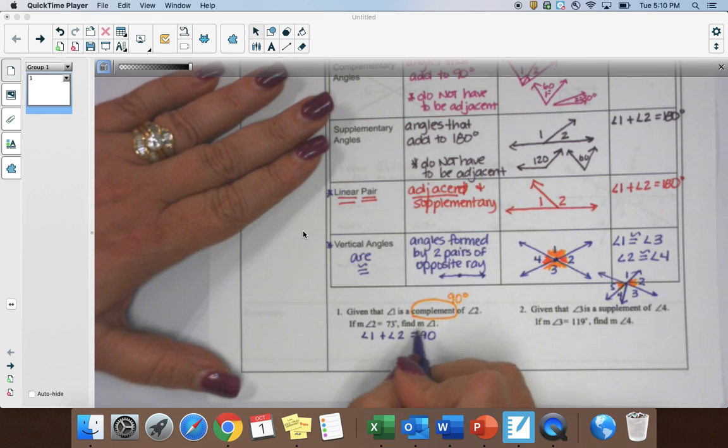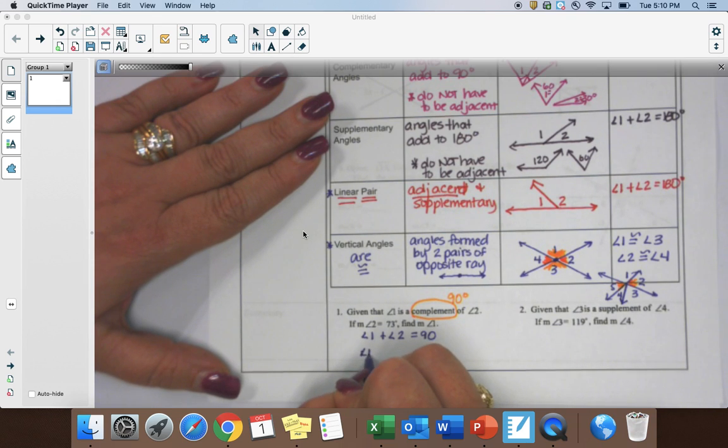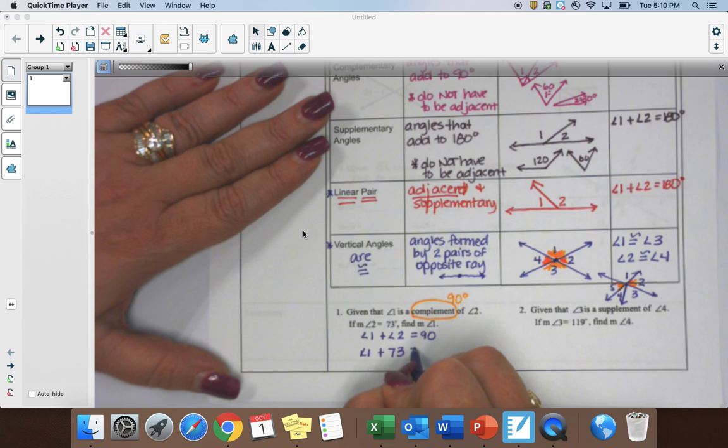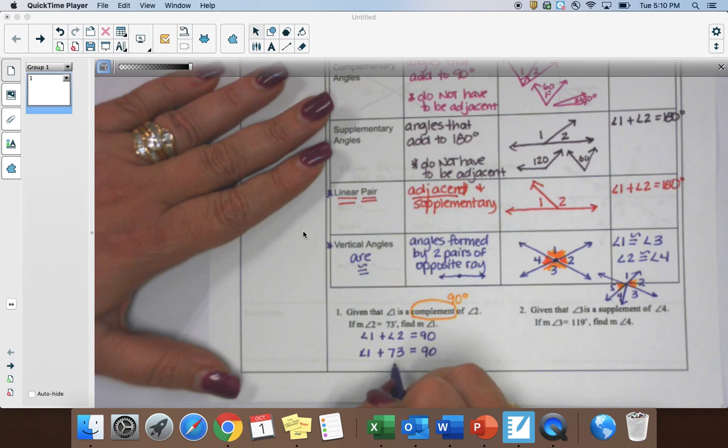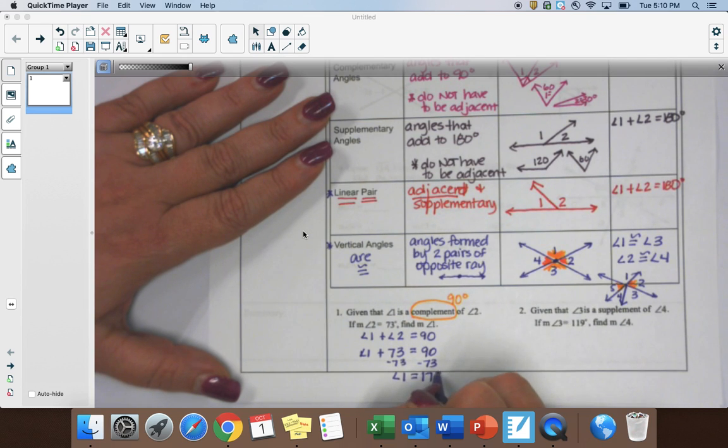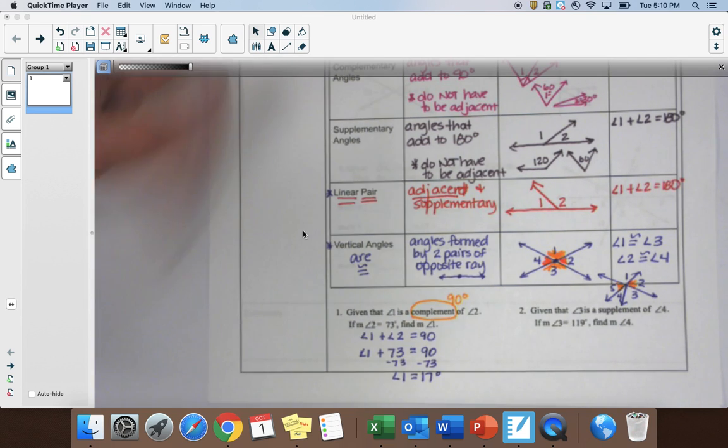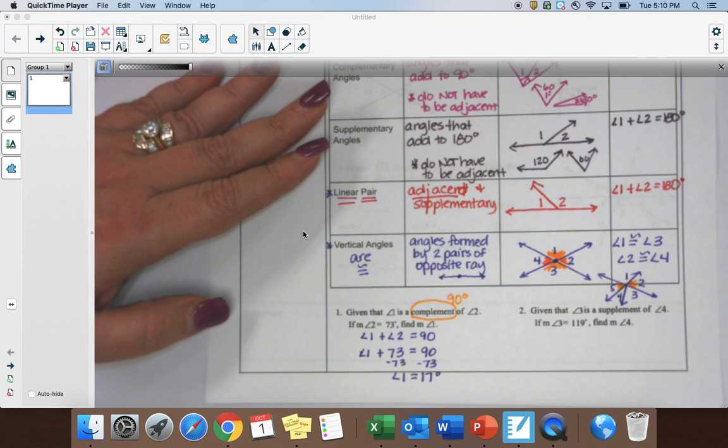We're looking for angle 1. So angle 1 plus angle 2, which is 73 degrees, using substitution, is equal to 90. We would solve that equation. We'd subtract 73 from both sides, and we get that angle 1 is equal to 17 degrees, because 17 and 73 adds to 90.